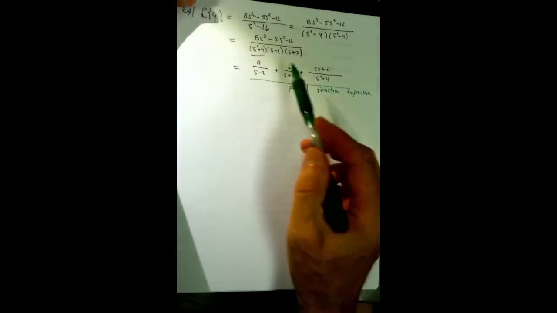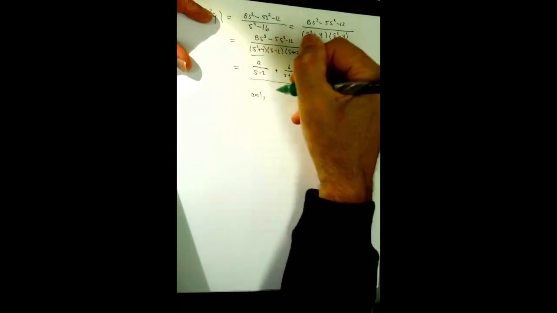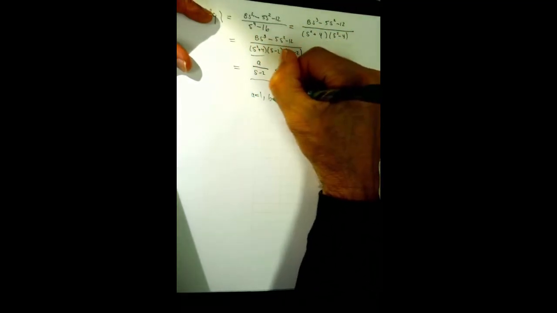Okay. Again, I'm not going to go through and do all this, but basically set this equal to the thing above, multiply through by the denominator, make some clever choices for s. You should get that a equals 1, b equals 3, c equals 4, and d equals minus 1. Okay. Again, you're expected to know how to do that.